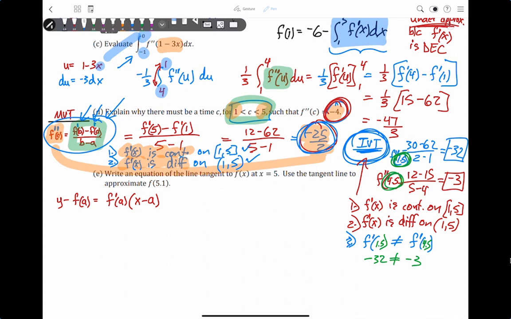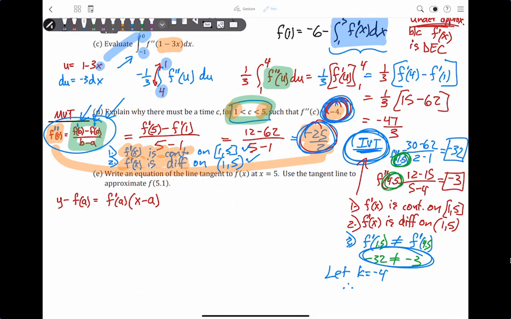And now the last part, our k value. Let k equal negative 4. And k is in between this negative 32 and negative 3. K is in between.